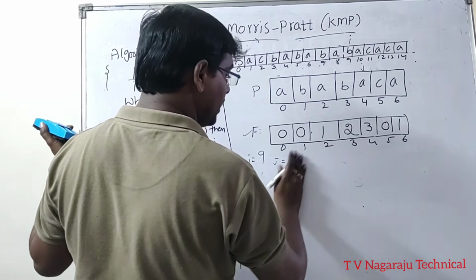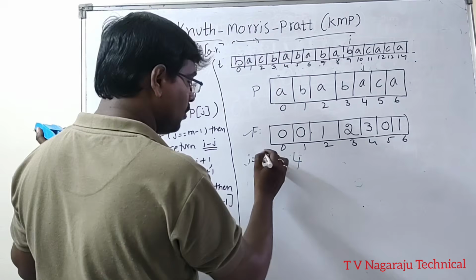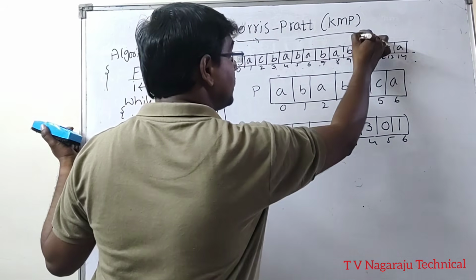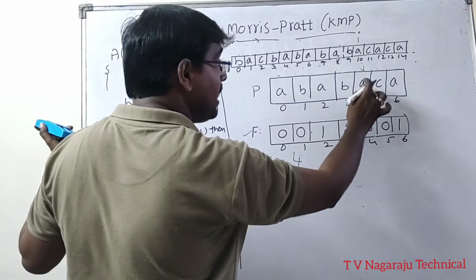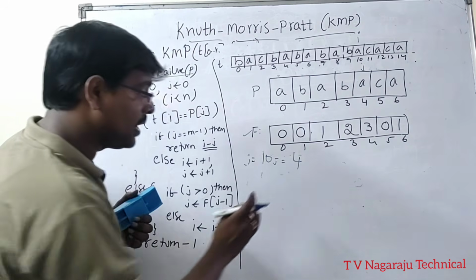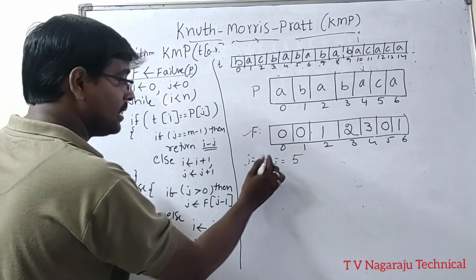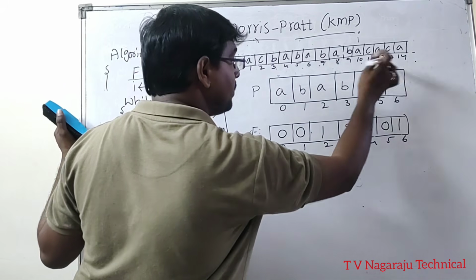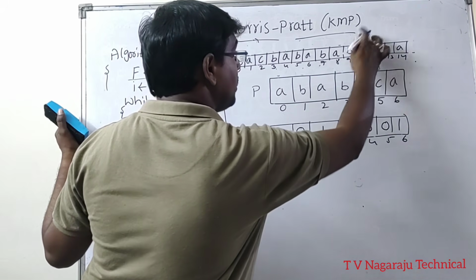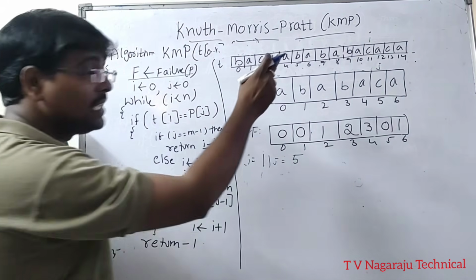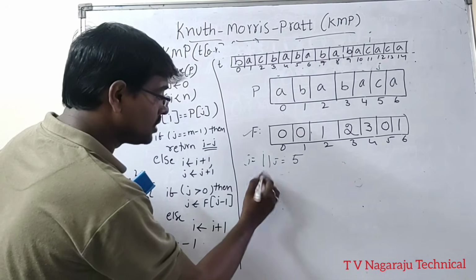J is incremented, J value becomes 4. I value becomes 10. Now A is equal to A. Yes. J is incremented. Now this is J, and this is I. C is equal to C.